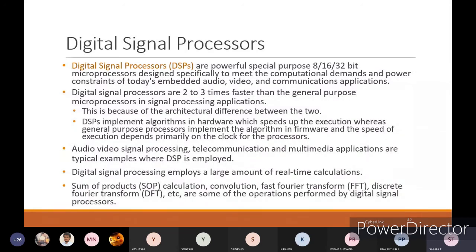These calculations need a large amount of real-time computation. These are some of the operations performed on digital signal processors. This is related to digital signal processors.